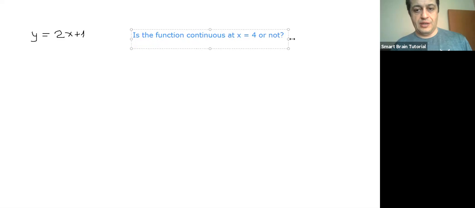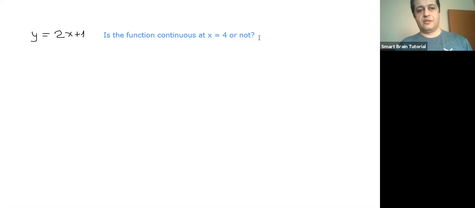What should we do in this case? Because this is the demand of the exercise. Is the function continuous at x equal to 4 or not? Now we have to get 2 values, but here the function is only 1. So when the function is only 1, when it is not divided in 2 parts, most probably the function is continuous at that point. The only case in which the function is not continuous at that point is in case if the function is not defined in that point.